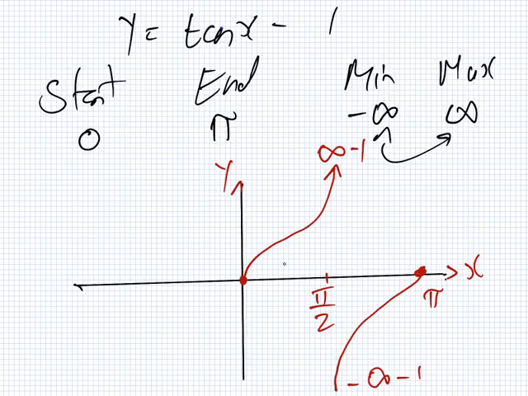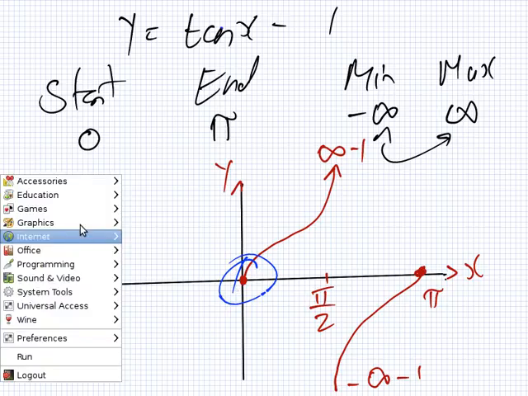Now it doesn't quite go through the origin here because its shape is a bit weird. When you shift it down, I think it gets knocked off a little bit. But this is a level of detail I don't think they'll care about in the exam.